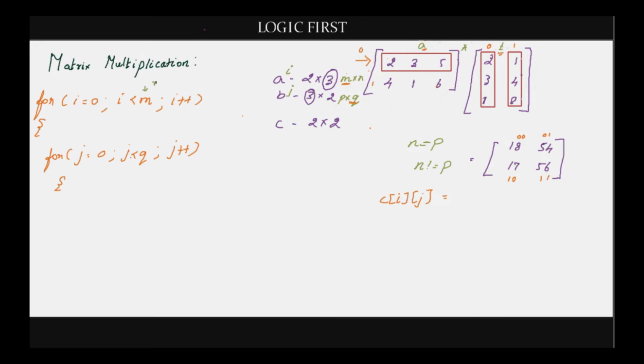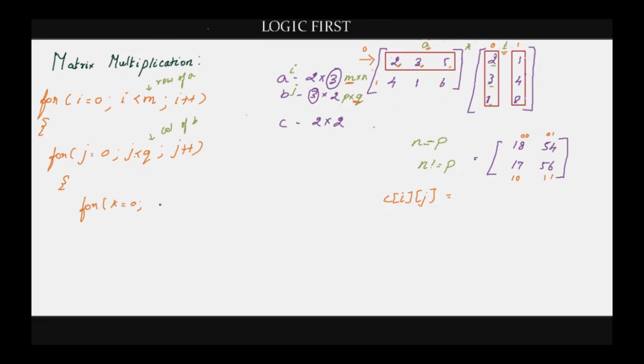Here I refers to the row of A, and similarly j refers to the column of B. But in order to access each of these elements, you need to know both the row and column number of A. Same applies to accessing the elements of B. So you have got the row number with the help of I. In order to find the column of A, k equal to 0, k less than, we are talking about the column of A, right? Which means we have to proceed until n, k plus plus.